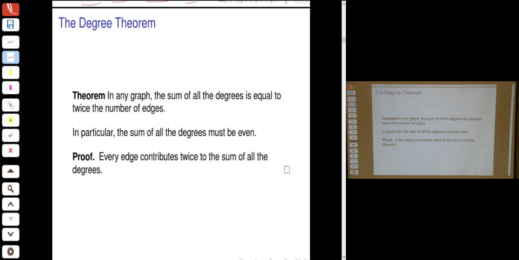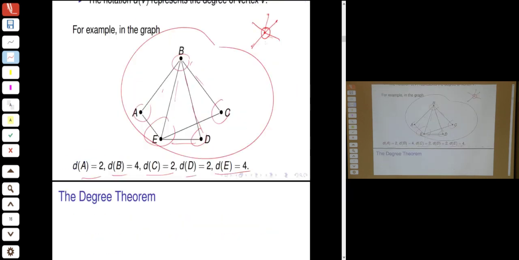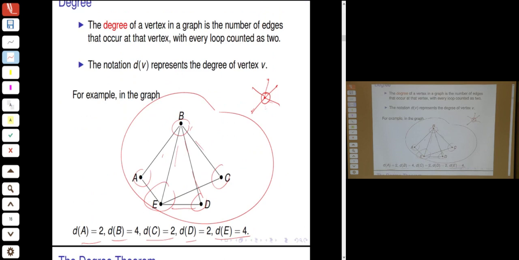So, how do you see that? Actually, this is a very simple idea. Think of the Facebook graph. If you think of the Facebook graph, then every edge denotes a friendship, right? So, now let us count the number of edges and keep in mind the number of vertices.